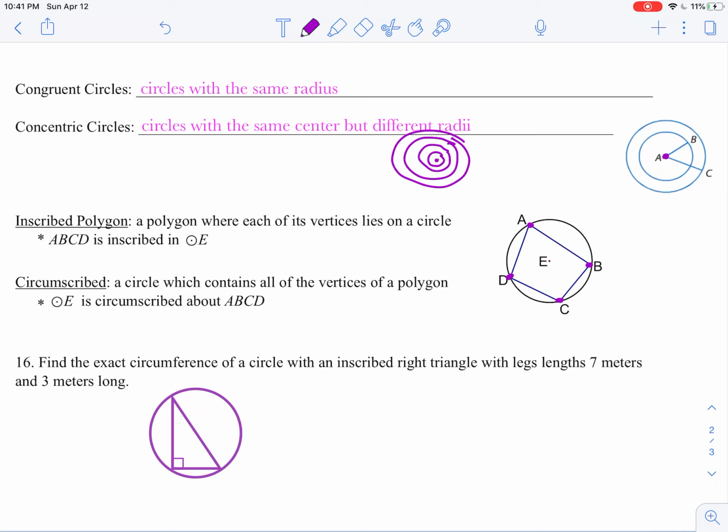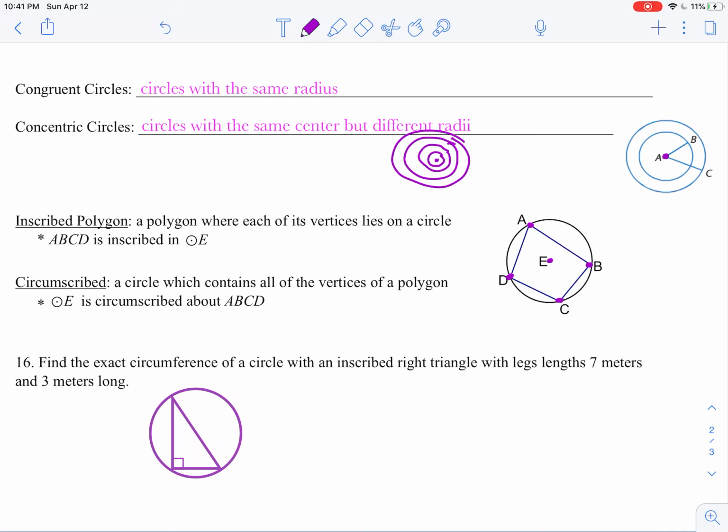So the whole polygon is inside of the circle, but its vertices lie on the circle. The circle, circle E, is said to be circumscribed, so around the outside of the polygon, but again, it contains each of the vertices.